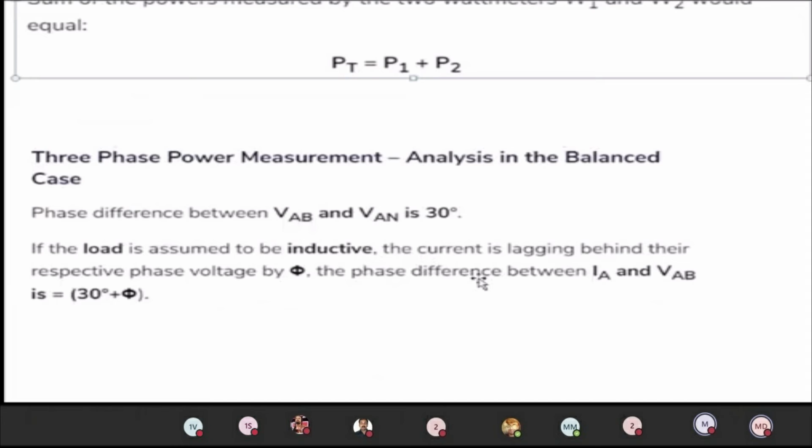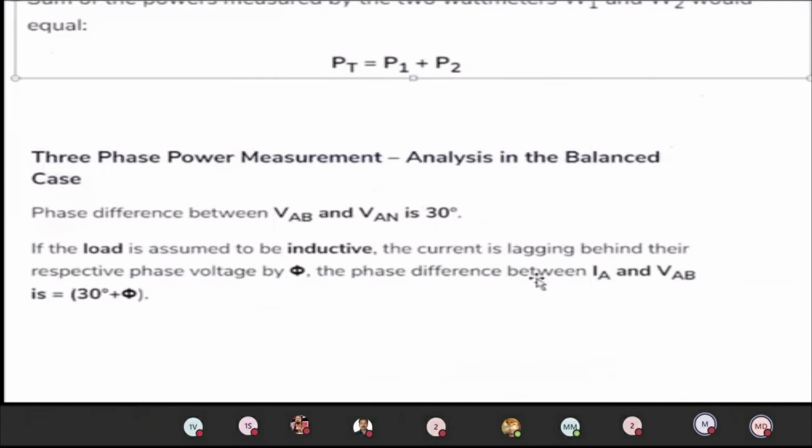Now we have to calculate the phase difference. The phase difference between VAB and VAN is always 30 degrees. We can show this through the diagram here. If the load is assumed to be inductive, the current is lagging behind the respective phase voltage by phi.